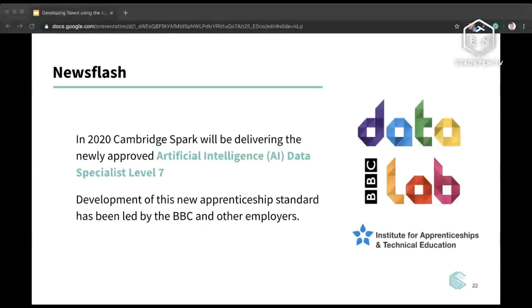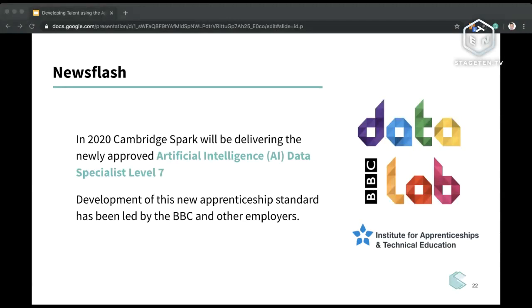The endpoint assessment should be approved shortly, and as soon as that is, we will be delivering this apprenticeship directly. It's an alternative to the Anglia Ruskin academic one, and this we could start at various different points in the year. I hope that helps.